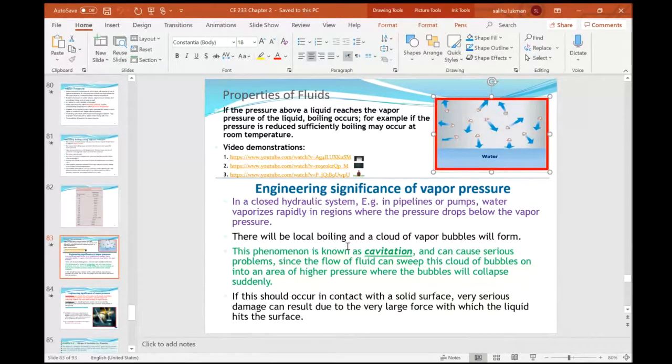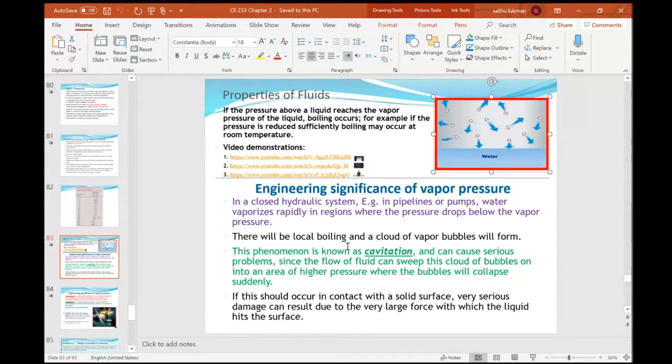These bubbles travel a short distance and then encounter a region in which the pressure is higher than the vapor pressure. That makes the bubble burst, and when it bursts, it does so with a large force that hits the surface and scours away, or eats away, the surface.